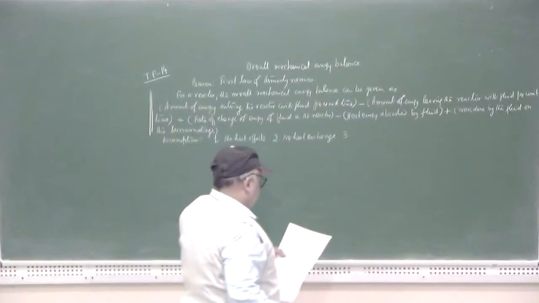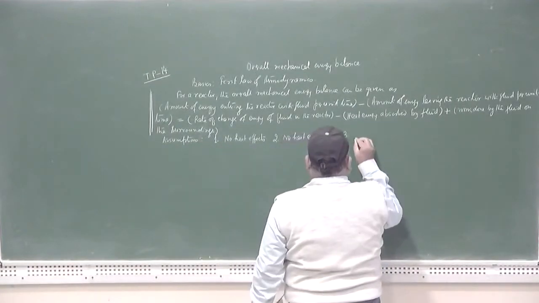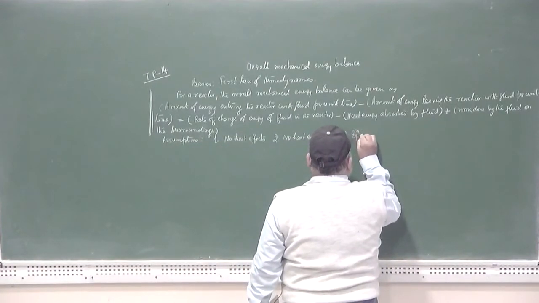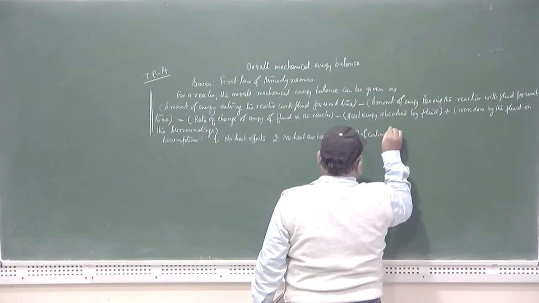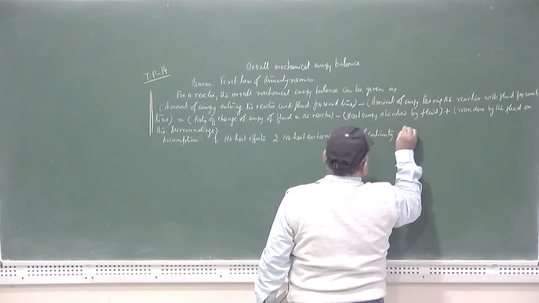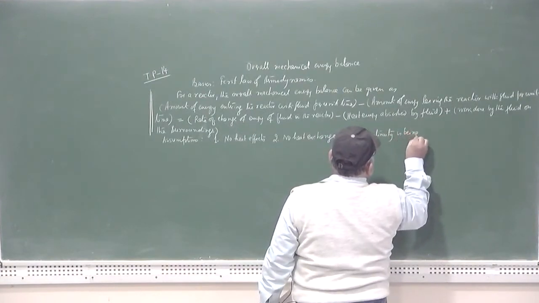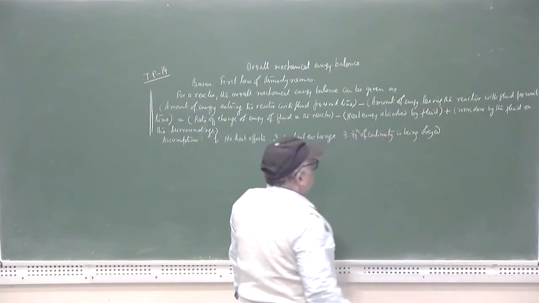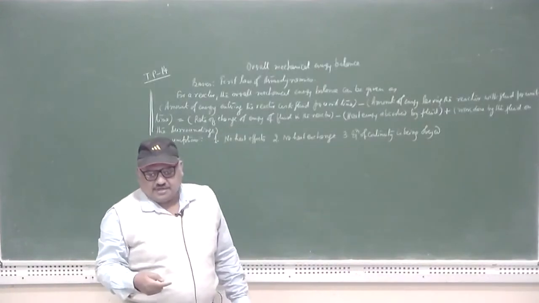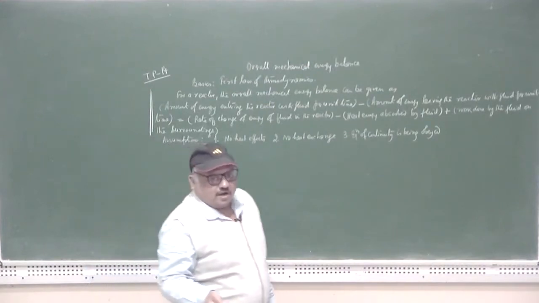And number 3 is the equation of continuity is being obeyed. That means the mass flow rate in should be equal to the mass flow rate out.